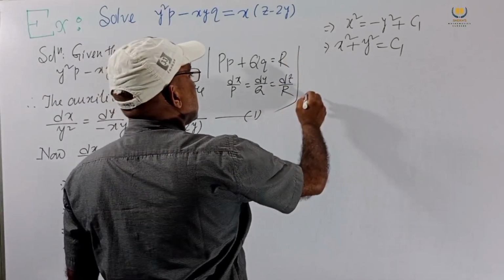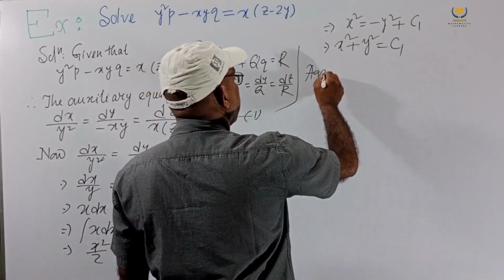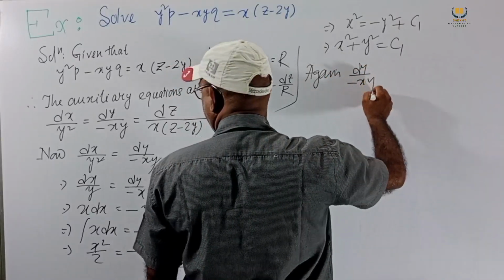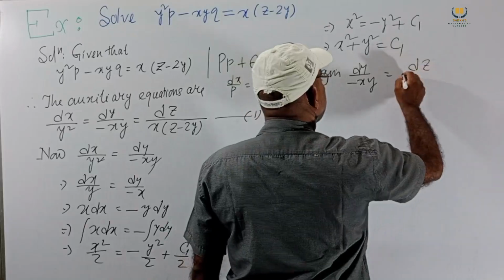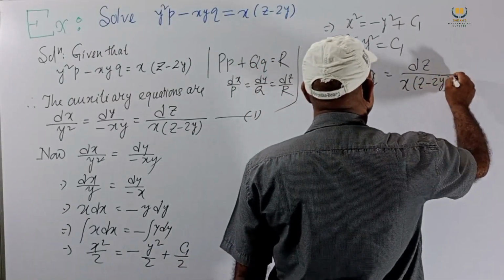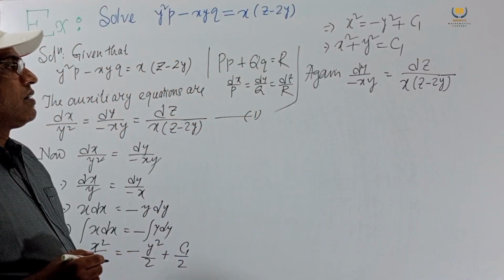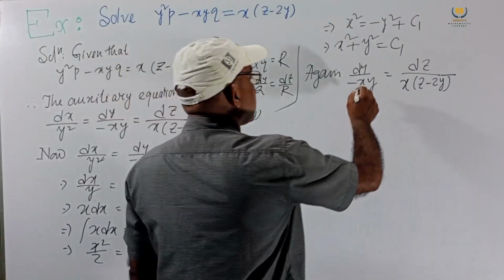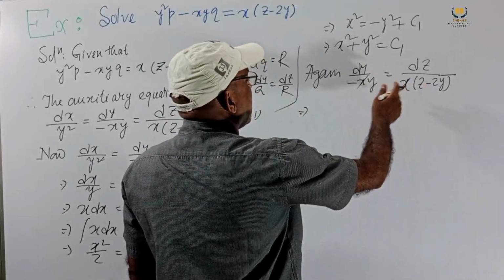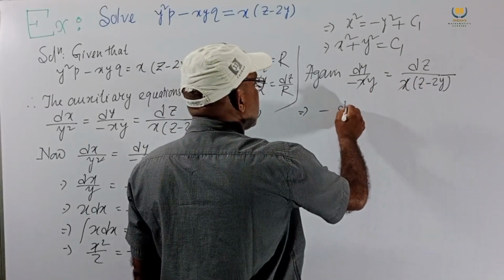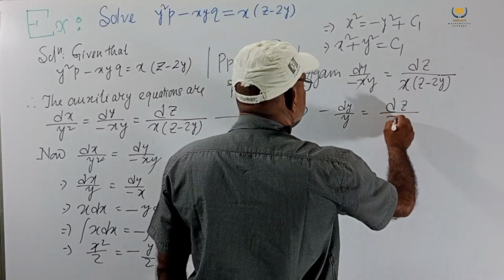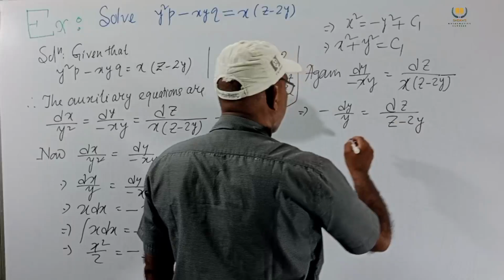Again we consider the second pair. Again dy by minus xy, dz by x into z minus twice y. We consider this. Now this x cancels, then we get minus dy by y equals dz by z minus 2y.